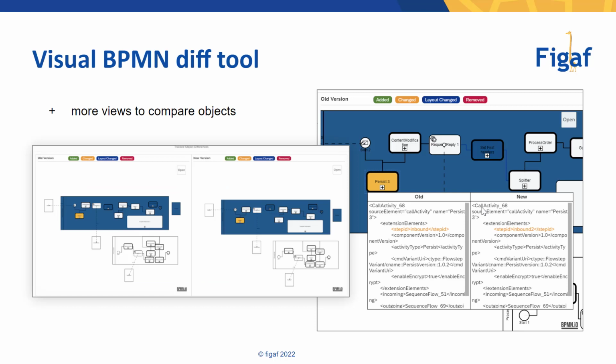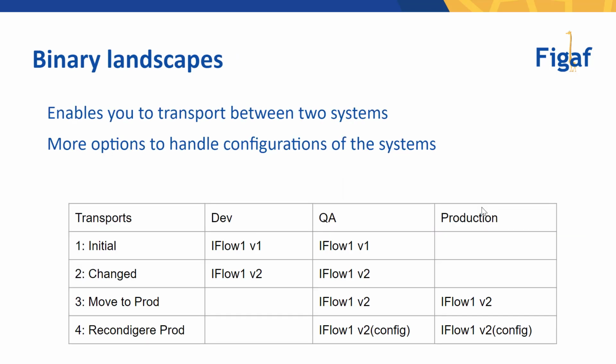We do have a visual BPMN diagram that shows you where some differences are. I think this is really useful if you are making modifications to a process, to know where something has changed, because otherwise it becomes really painful to see what is going on. We have what we call binary landscapes, and this is where we can transport from development to QA.